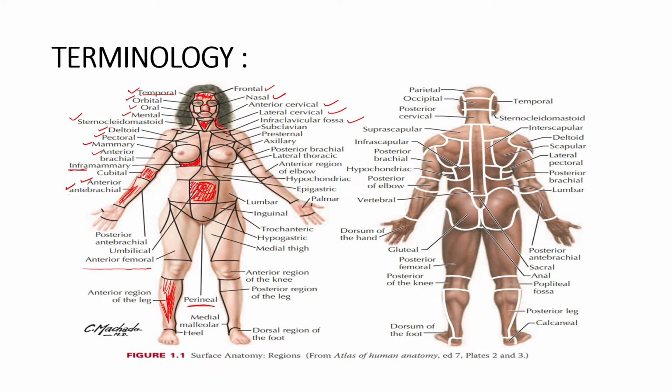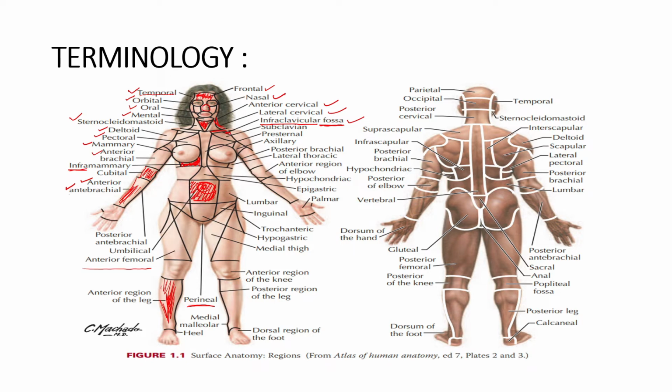Fossa means a depression. Wherever in biology or anatomy the term fossa is there, it means a depression. Infraclavicular: this particular bone is called the clavicle, the collarbone. So infraclavicular means just below the clavicle. This region is called infraclavicular fossa.